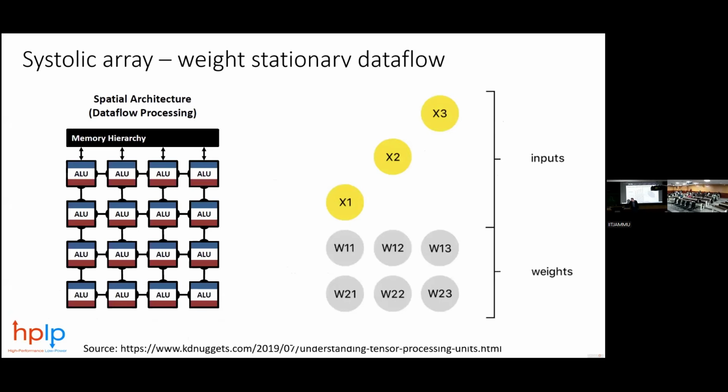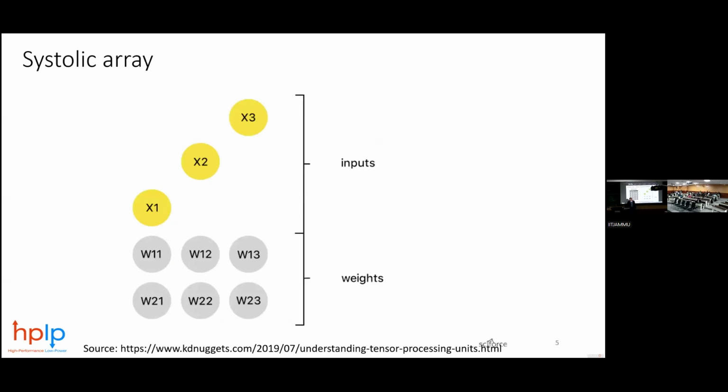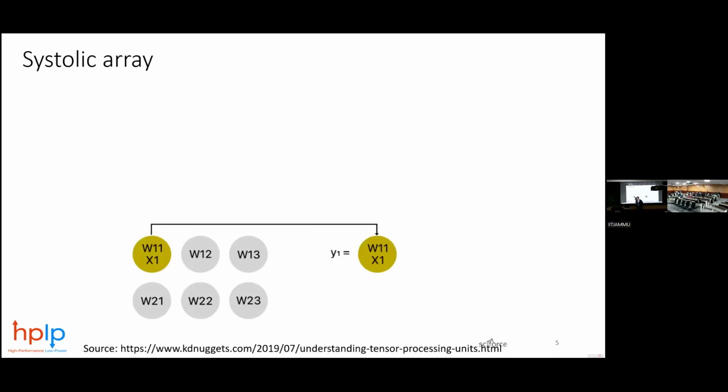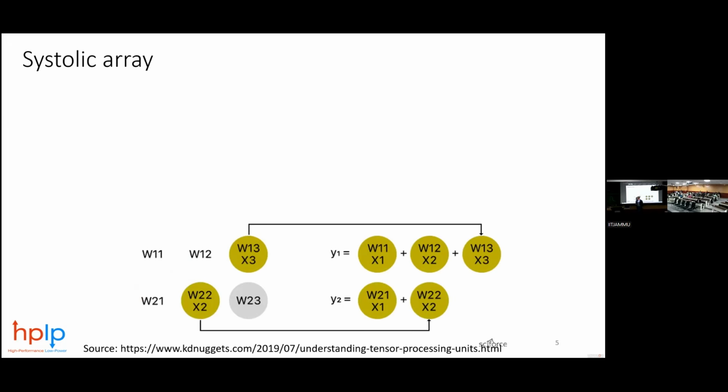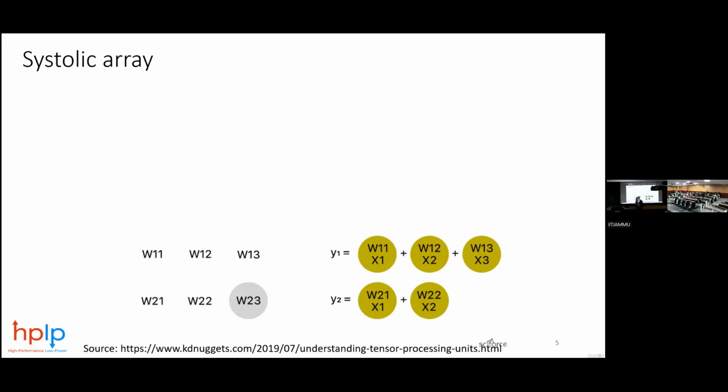Basically, you map it to one of these. So here is an animation which shows how this goes. And you can see the systolic part in how the computation happens.